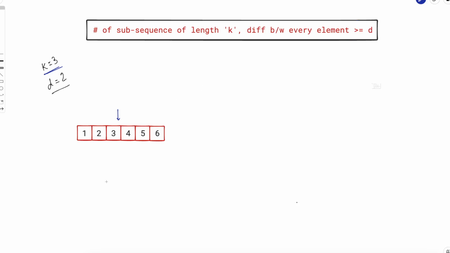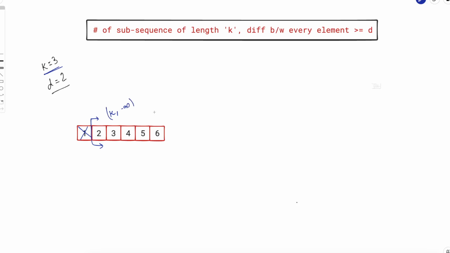Now once you have sorted the elements, again you will do the exact same thing, figure out what to do with the first element. Either you will take it or you will not take it. If you don't take it, the remaining problem is, in this remaining array find me the number of sequences of length k such that the last element I have taken is still minus infinity.